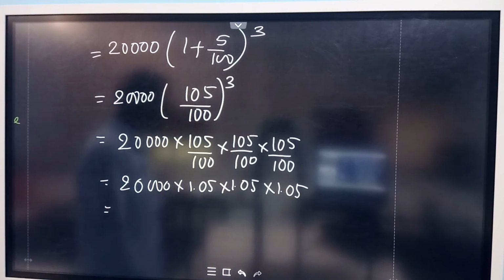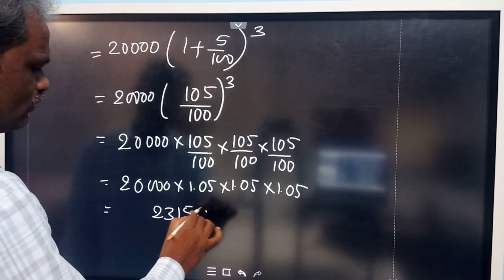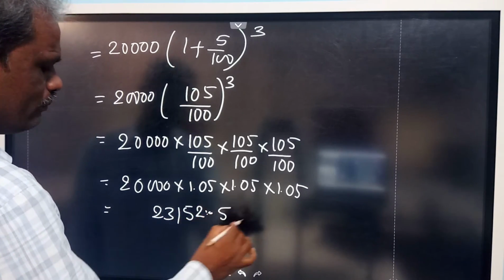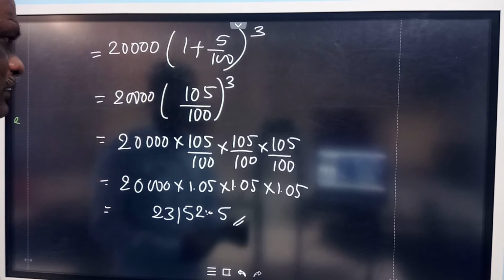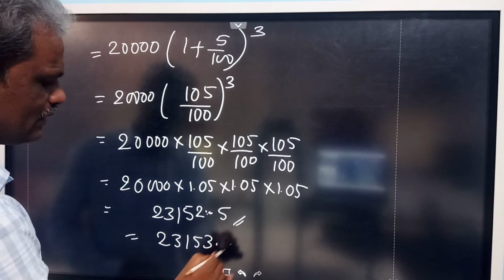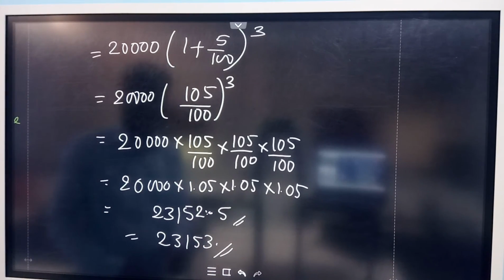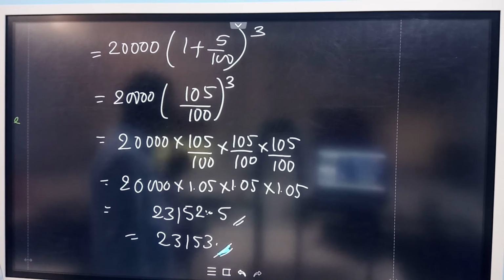Now you will get the population at the end of the year 23,152.5. 0.5 will not come in the population growth. Always it is a whole number. So it is 23,153 you can take. So this is the approximate increase in population at the end of 3 years.